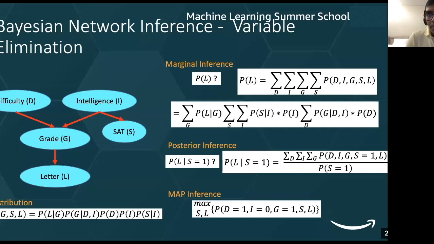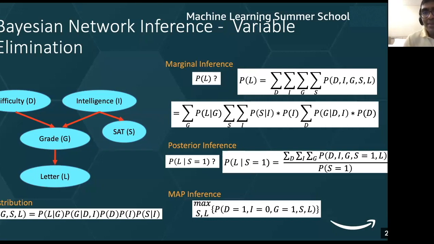So as I was mentioning in the last slide, you have the three different forms of inference: the marginal, posterior, and MAP inference. If you look at marginal inference, one particular example in the student network would be finding the probability of L, where L is a letter and it can take on two values, 0 or 1.